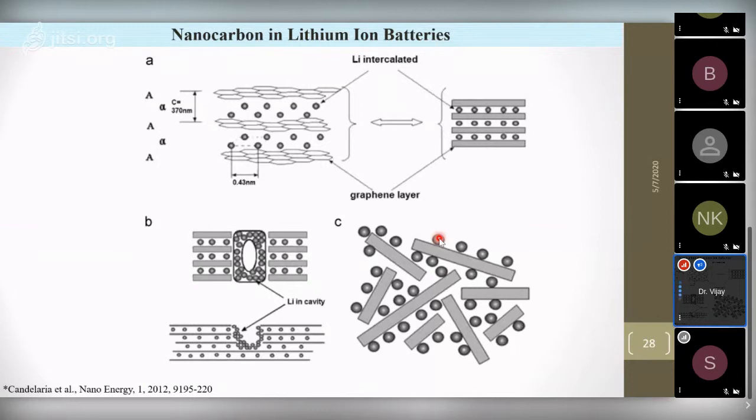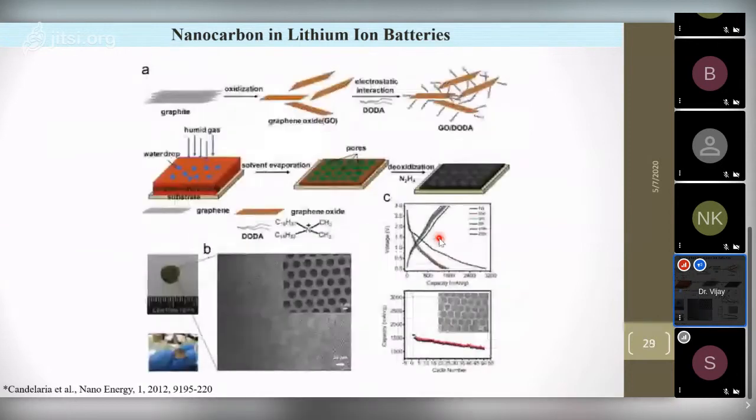In the case of supercapacitors, there is also the possibility that they use graphite, oxidize it, and it becomes graphene oxide. With some intercalation, they used DODA. Then there is the possibility of making porous structures, so it becomes highly porous graphene oxide. Then they used it as an anode in lithium-ion batteries.